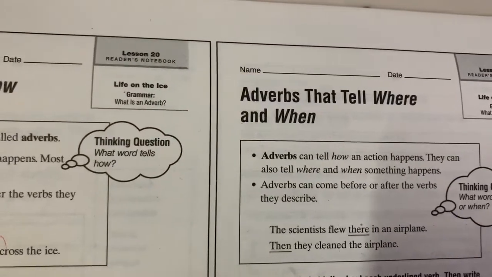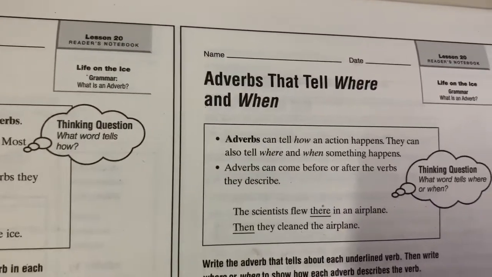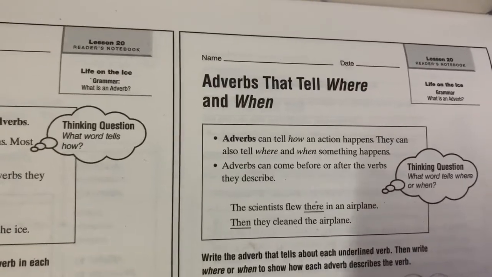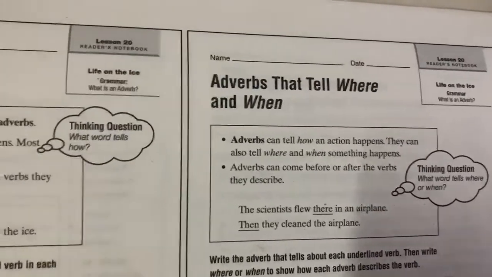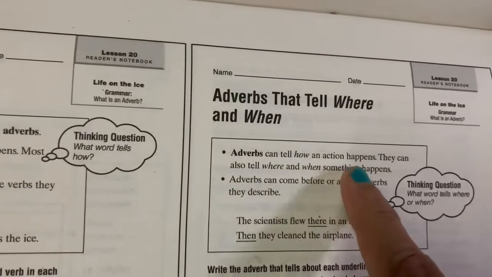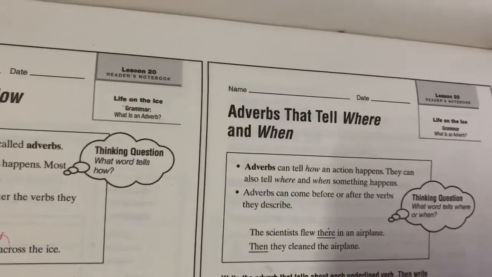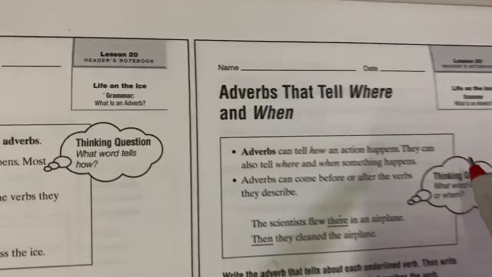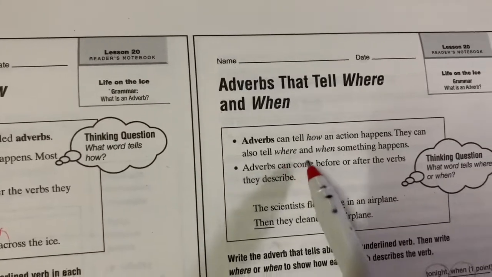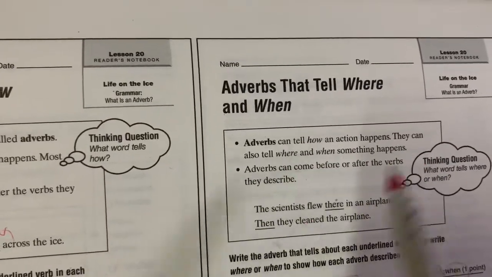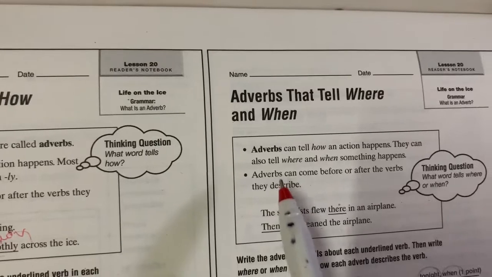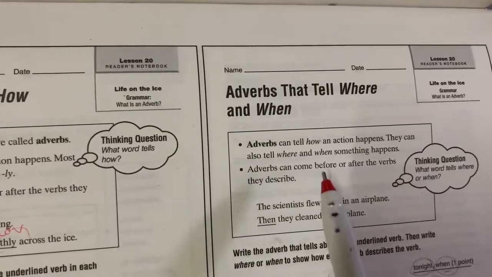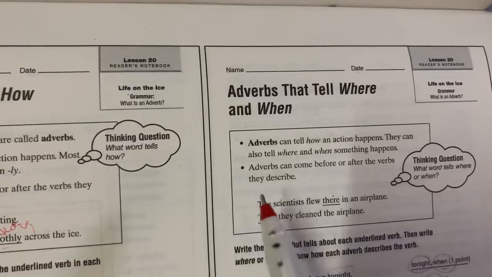Adverbs that tell where and when. Adverbs can tell how an action happens. They can also tell where and when something happens. Adverbs can come before or after the verbs they describe.